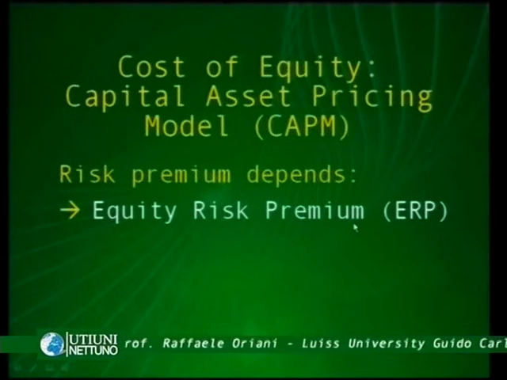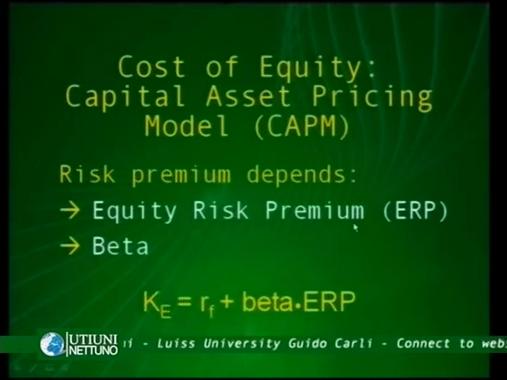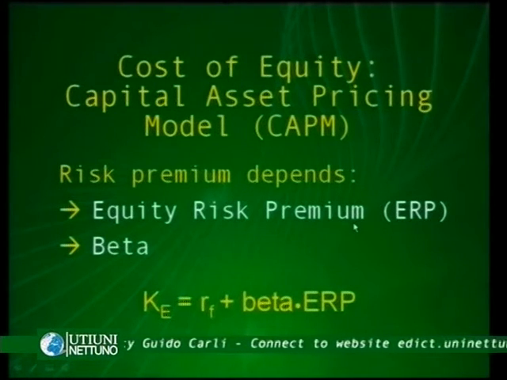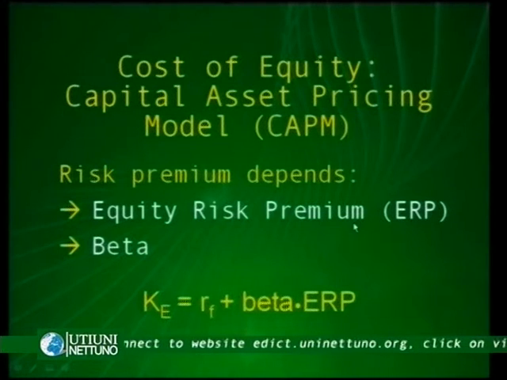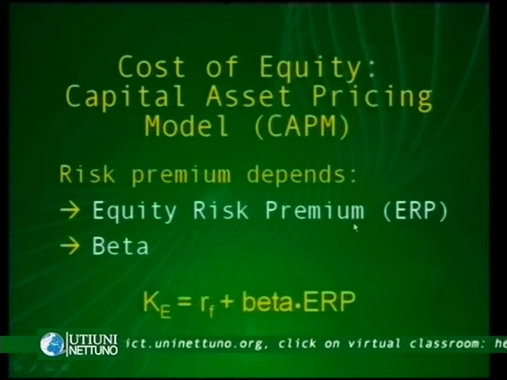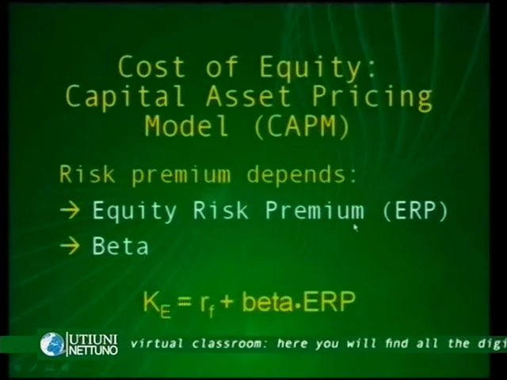So according to this model, that is a quite complex proof but a very simple result, the risk premium that we were discussing before depends on two components.